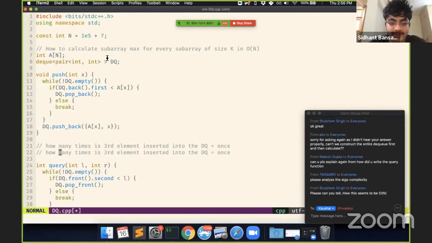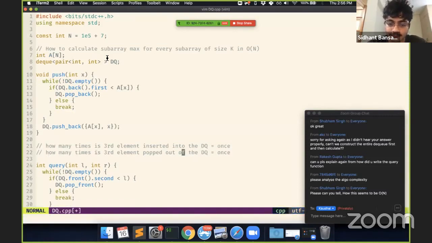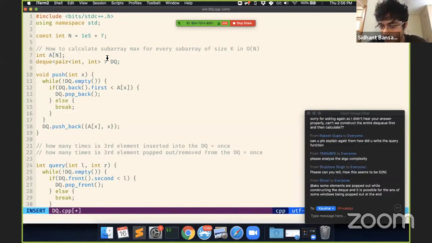And how many times is the third element popped out of the DQ? Popped out just means removed from the DQ. Once, right? It can happen that the third element got removed here, like at line 13, or it might happen that it got removed here at line 27, somewhere in the query function or in the push function.